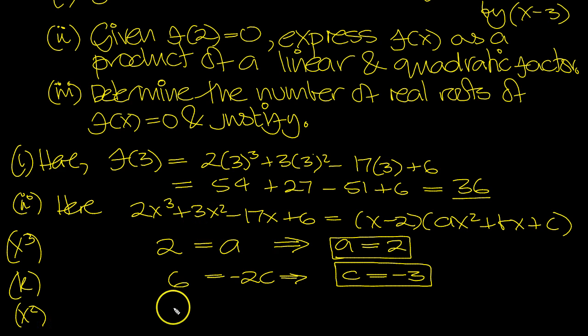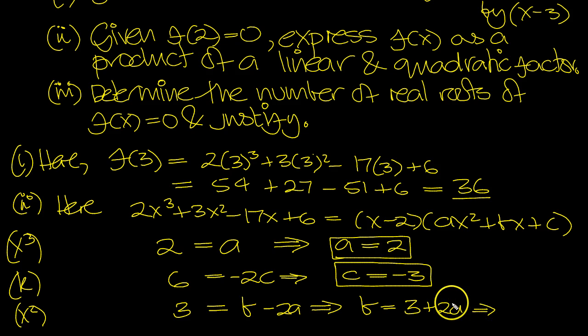So 3 is equal to, now the x squareds come from this term here, b, and then another minus 2a here. So that tells us what b is. b is equal to 3 plus 2a. And that tells us a is 2, so 2 2's are 4, and 3 is 7. So b equals 7.